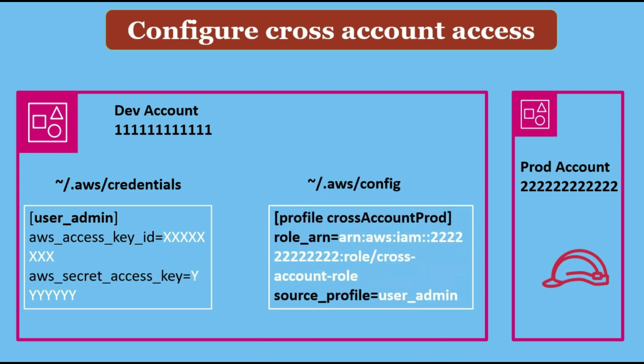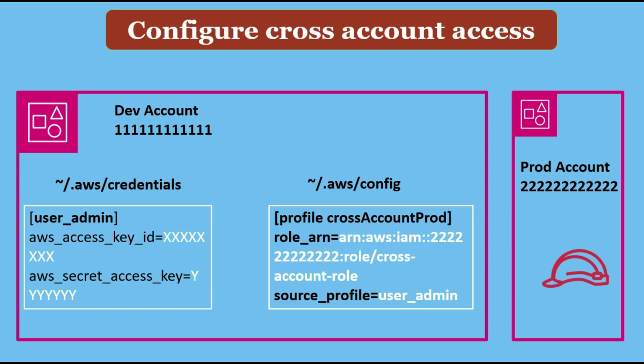Then we will create one more file called config in the same .aws folder. Here we will create a profile called cross-account-prod, and in this we provide a role_arn variable and assign that variable the value of the IAM role which we have created in the production account. So this is the ARN of the IAM role that we created in the production account.